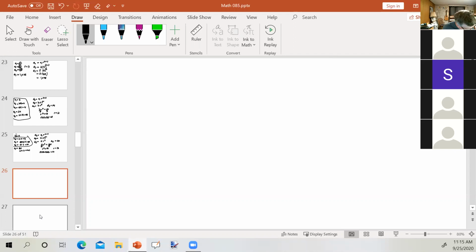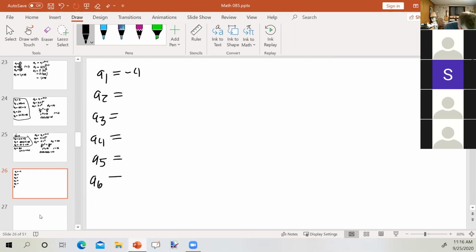Here we go. So we've got our first term is -4. We're going to insert 4 geometric means. So then our last term is -12,500. Okay. So once again, we're going to use a sub n equals a sub 1 times r to the n minus 1 power.